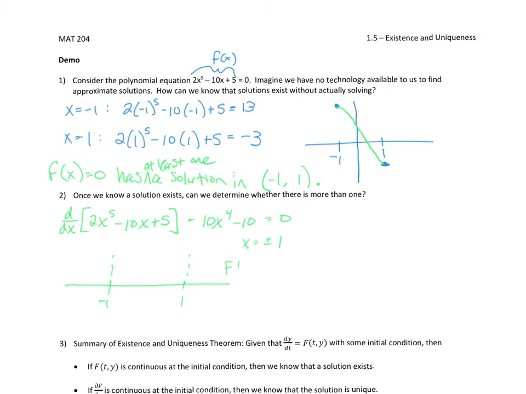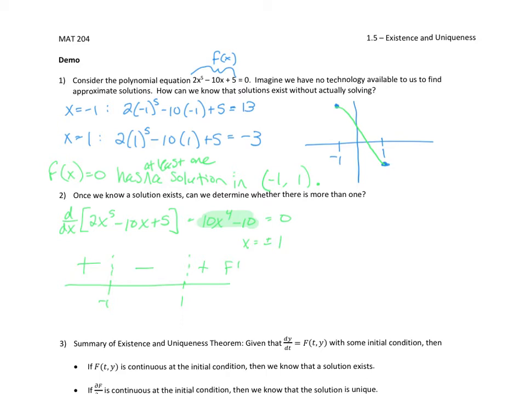If you put something less than -1 into the derivative, like -10, we get a positive number. Put in something between -1 and 1, like 0, you get negative. Put in something a lot bigger than 1, you get positive.